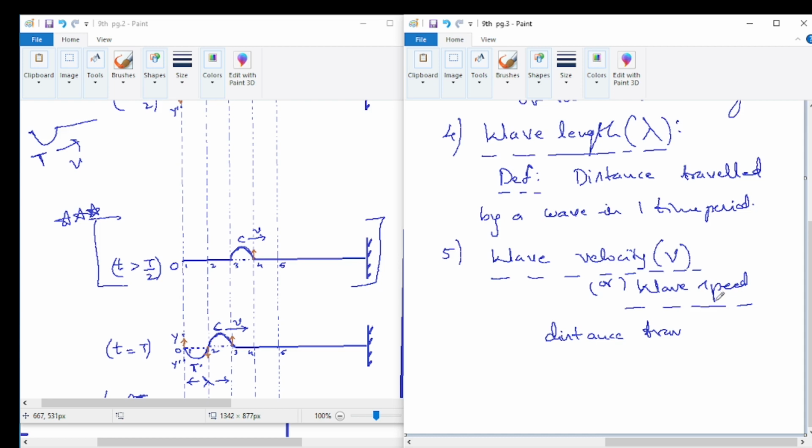Even for light waves it is even more important. The quickness with which a light wave travels is called the velocity of light or speed of light. Later you'll be learning that the velocity of light, though velocity is a vector quantity, is really not a vector quantity.